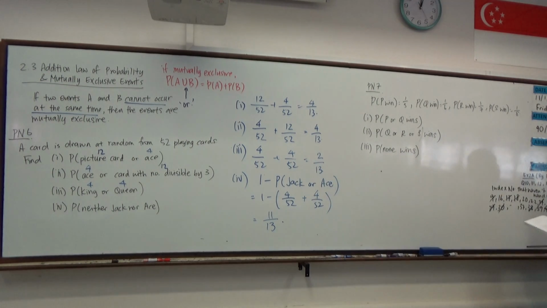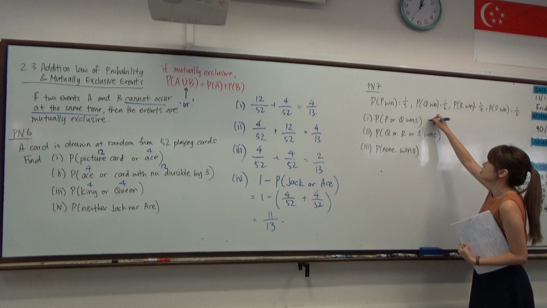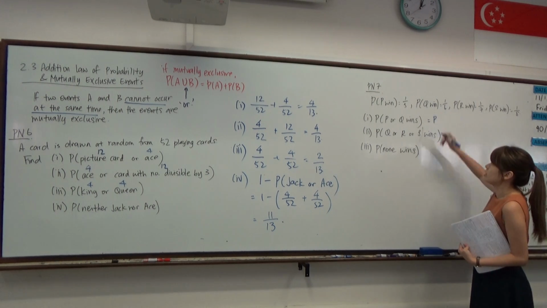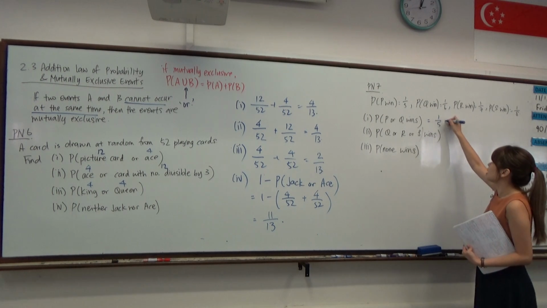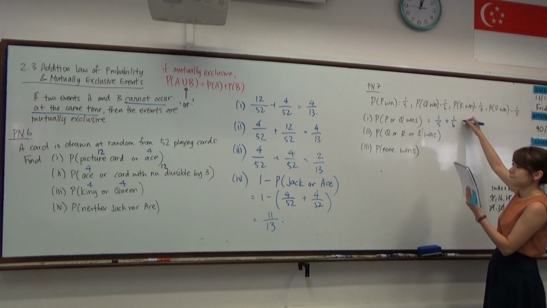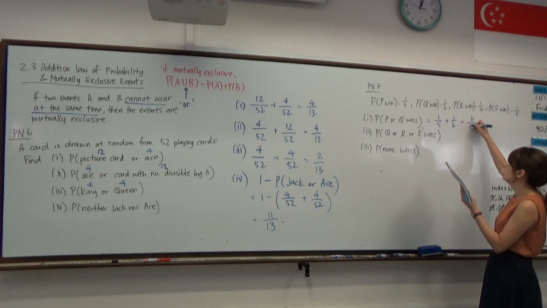Since only one team can win, they are definitely mutually exclusive events. So the probability of P or Q winning is the probability of P winning plus the probability of Q winning. That's 1/5 plus 1/6, giving you 11/30.